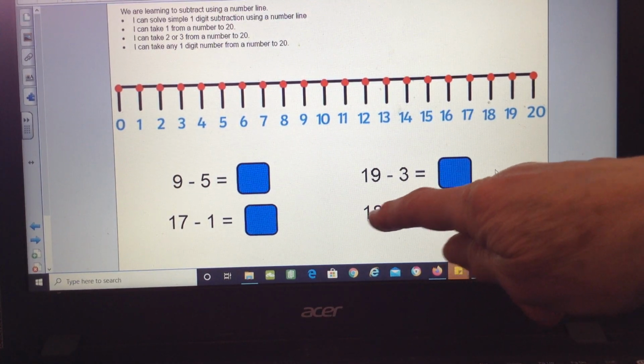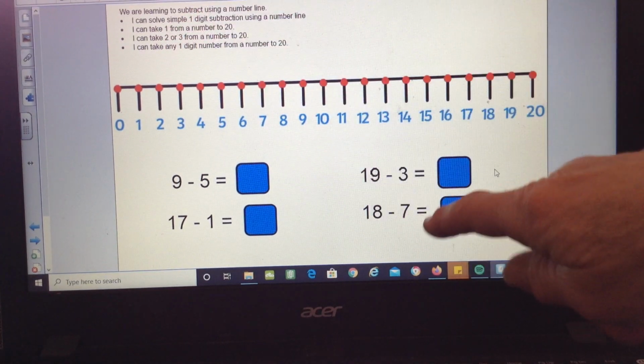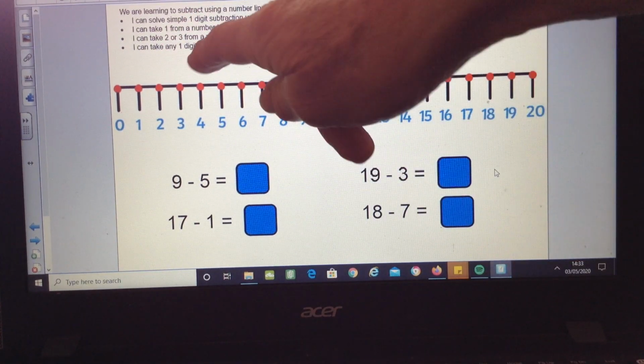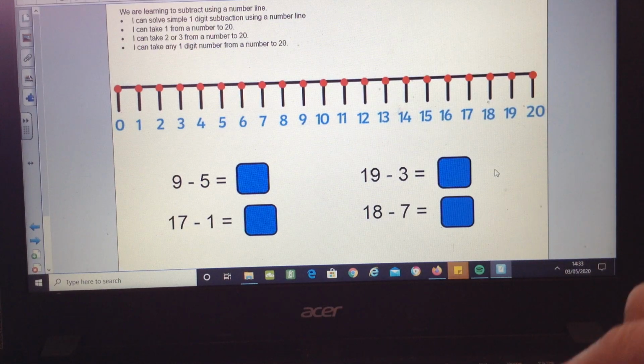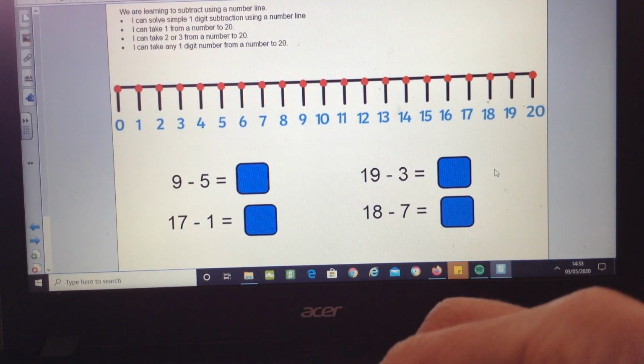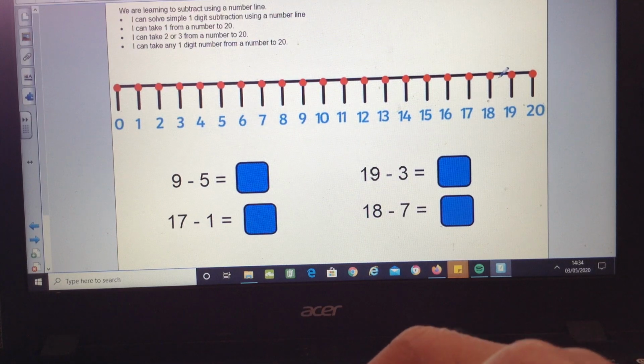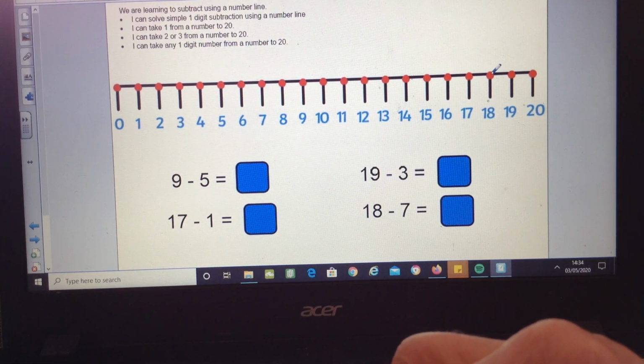So now we're going to do 18 take away 7. Now you're taking away a single digit number from any number up to 20. So I've got a 2-digit number taking away a single digit number. So what have I got to do? Get my pen on number 18. And how many jumps back? Oh gosh, 7.